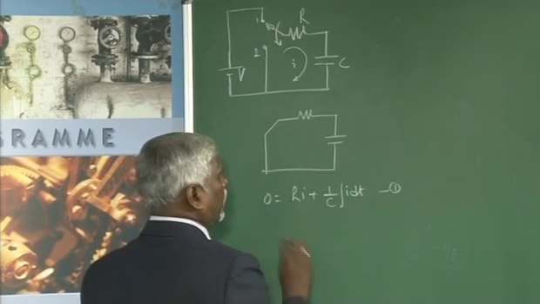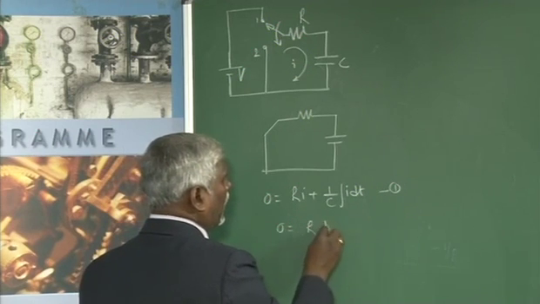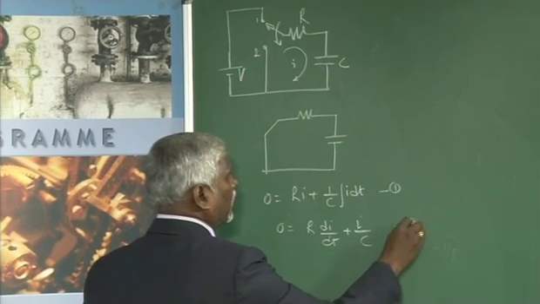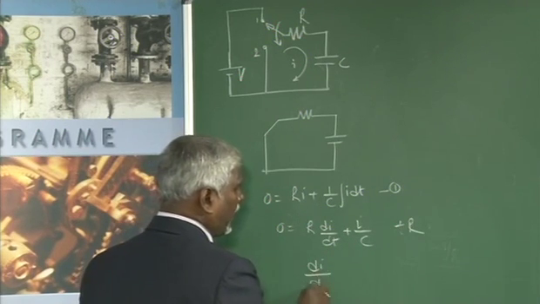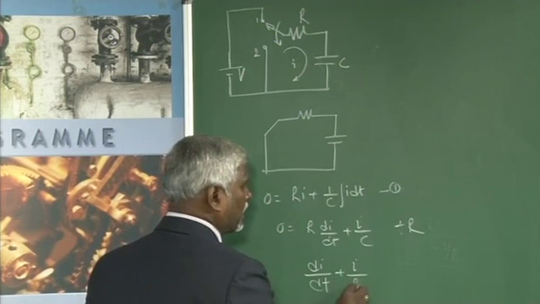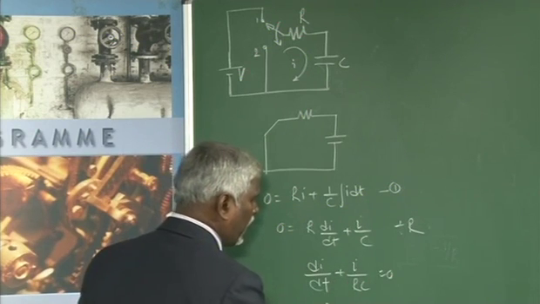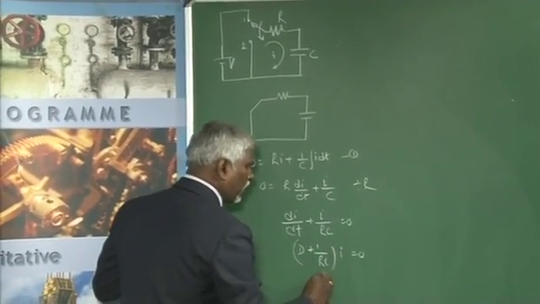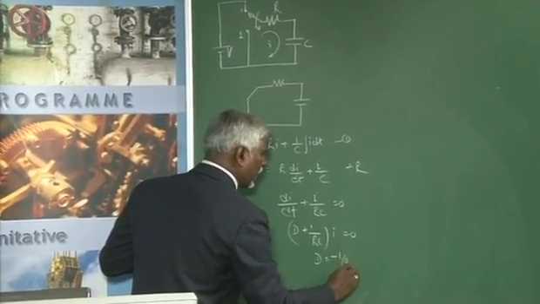Differentiating this equation 1, I get 0 equals R di by dt plus I by C. Dividing throughout by R, I get di by dt plus I by RC equal to 0, that is, D plus 1 by RC into I equal to 0, so D is equal to minus 1 by RC.